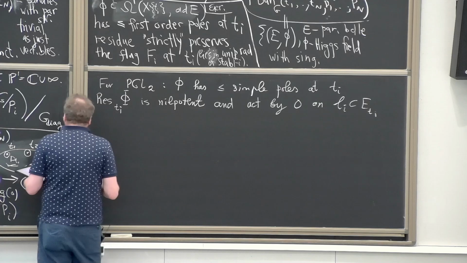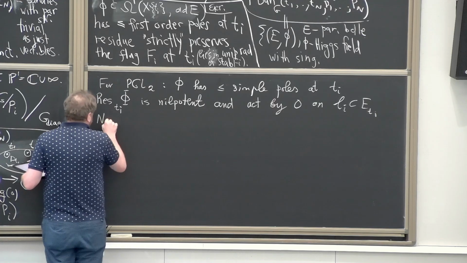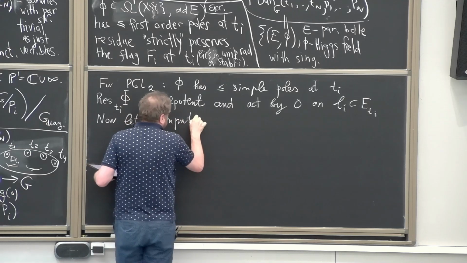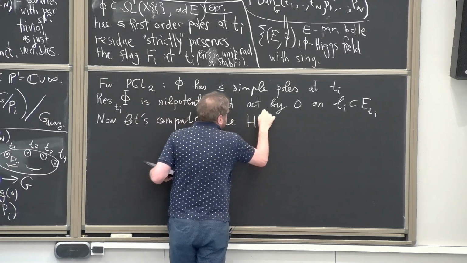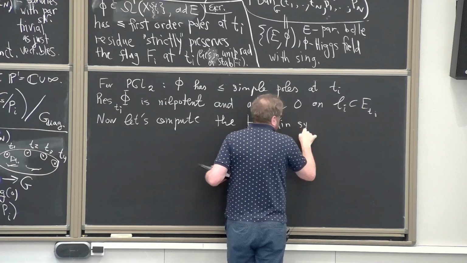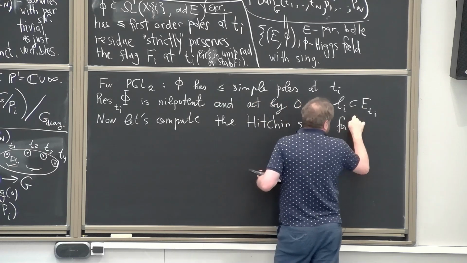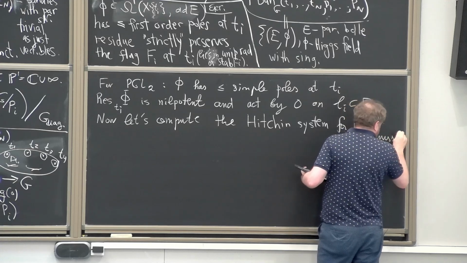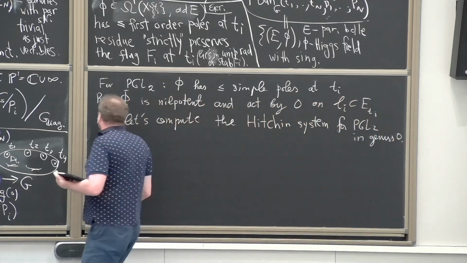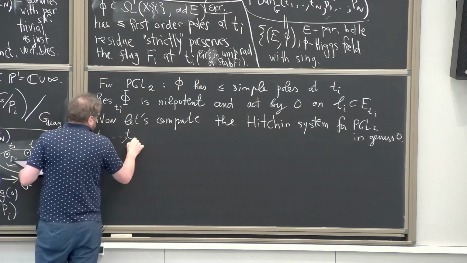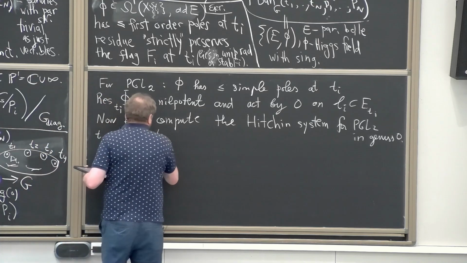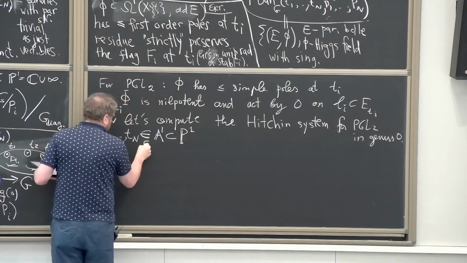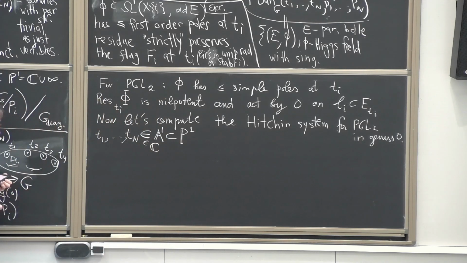Okay, but so that's the condition. And so now let us compute the Hitchin system for PGL2 in genus 0. For this purpose, we will assume that the points T1 through Tn actually belong to A1 inside of P1. So they're just complex numbers, just for the convenience of computation.